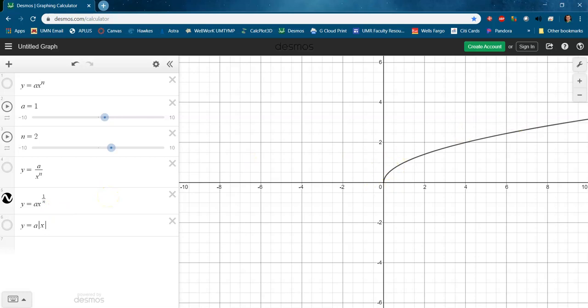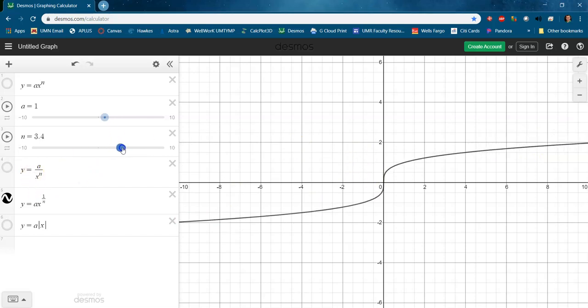This is the graph of the square root function. Absolutely need to know this one. Then again you can continue to play. With 3, we get the graph of the cube root. It's similar, but because you allow negative numbers underneath an odd radical, we have this extra piece.